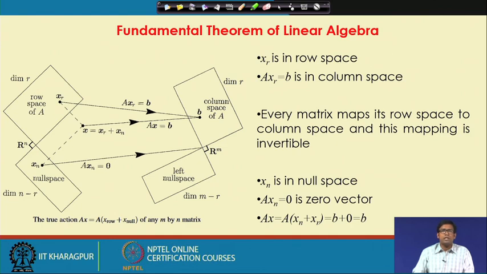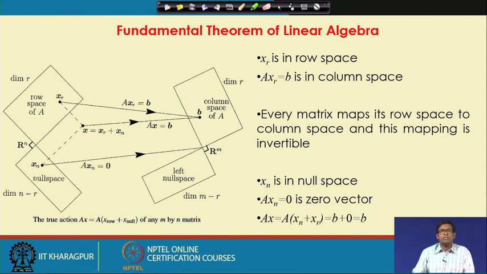Any solution x n in the null space, when multiplied with the matrix A, goes to the origin 0. So, x n is in the null space, and x r, which is the solution of the equation Ax is equal to b, must lie in the row space, because the row space is the orthogonal complement of the null space; whichever does not lie in the null space must lie in the row space.